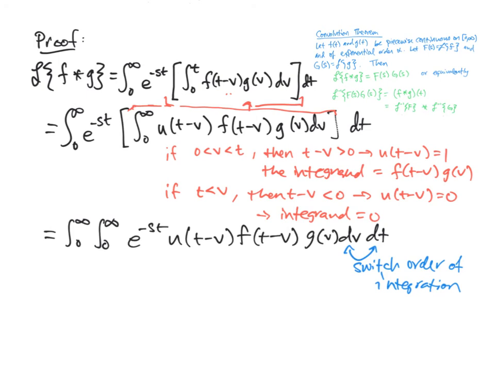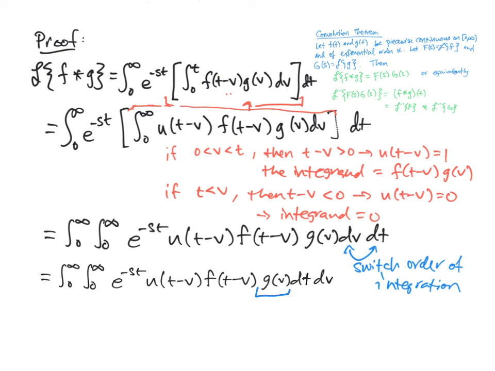Okay, so let's do that now. Ta-da. And now that our inner integral is a dt, we can pull out this g that doesn't have anything to do with t.